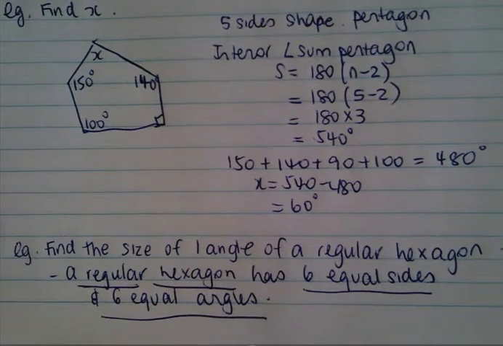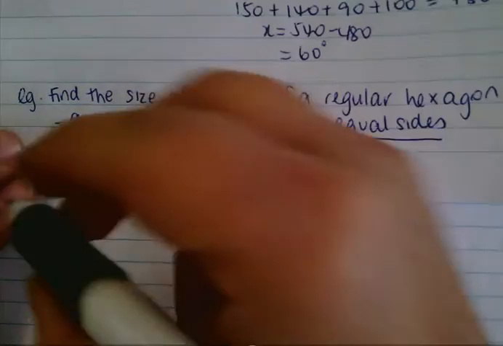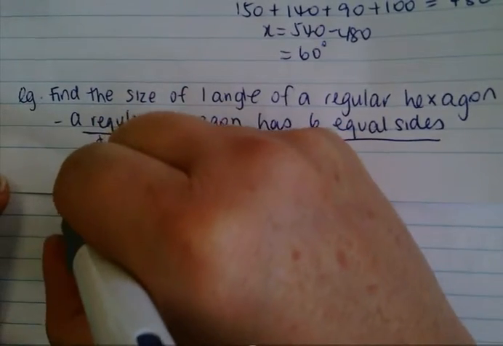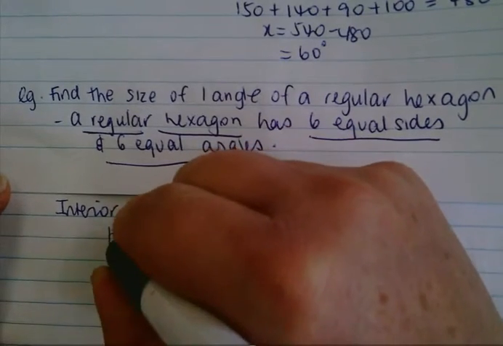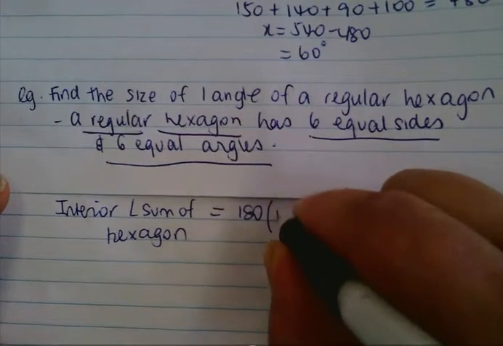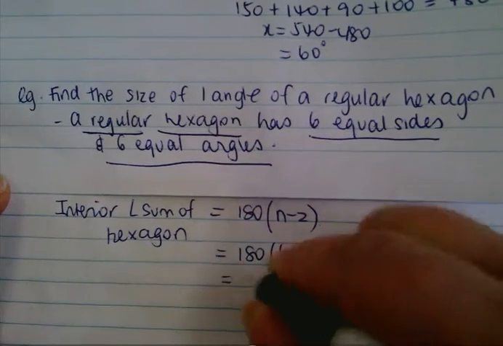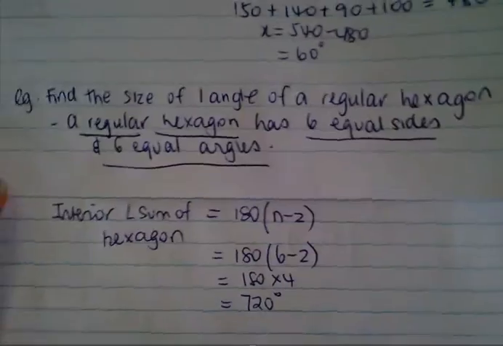So girls, how are we going to find the size of one angle of a regular hexagon? The first step is the same as what we just did for that pentagon: find the interior angle sum. The interior angle sum of an ordinary hexagon is 180 times N minus 2, which is 180 times 6 minus 2, 180 times 4, which is 720.